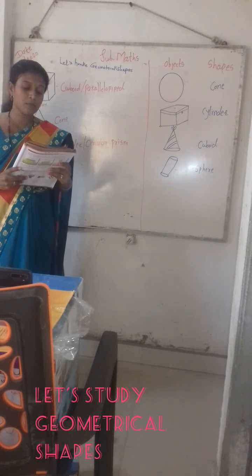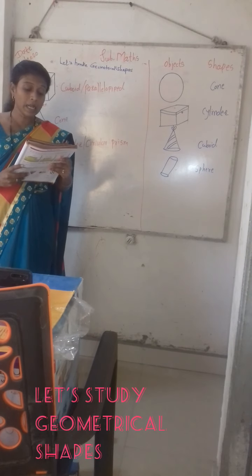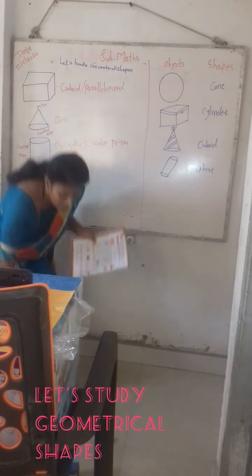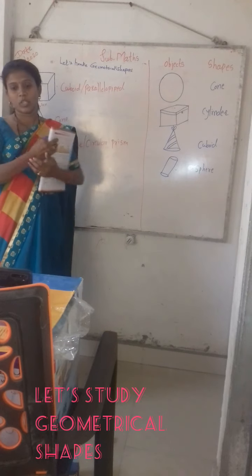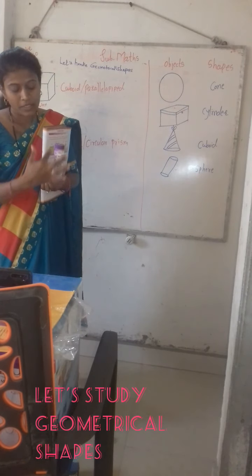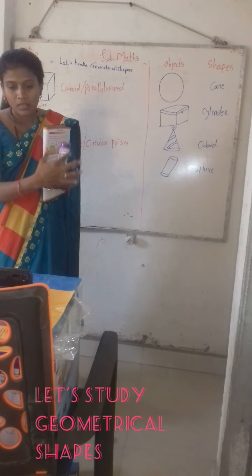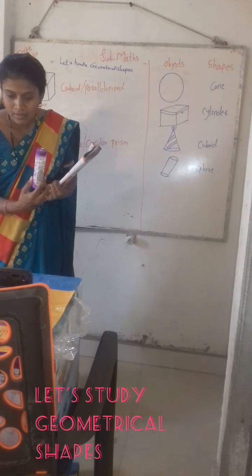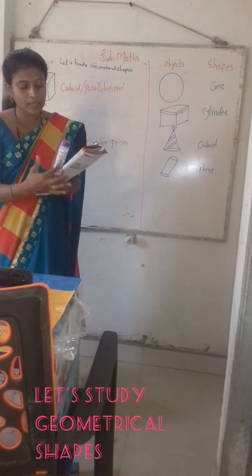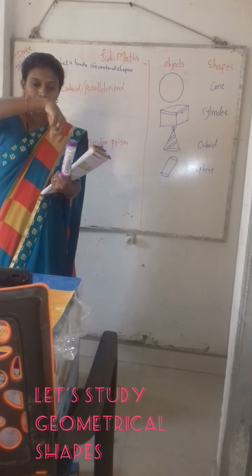Our last shape is the bottle-like shape. A bottle-like shape with a circular base is called cylinder or circular prism. For example, you can see the shape of this powder. Which shape is it? Yeah, it is a cylinder shape. Cylinder shape has round curved sides.